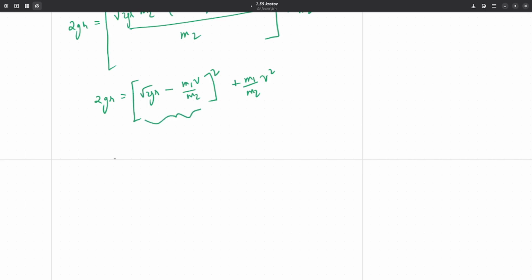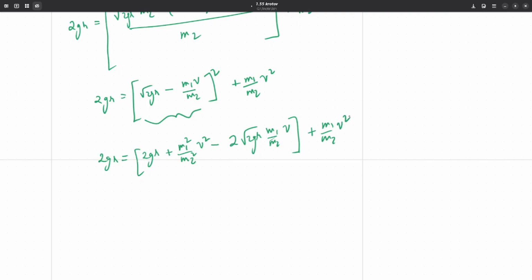Expanding this term, 2gr is equal to 2gr plus m1 square by m2 square v square minus twice root 2gr m1 by m2 v plus m1 by m2 v square.